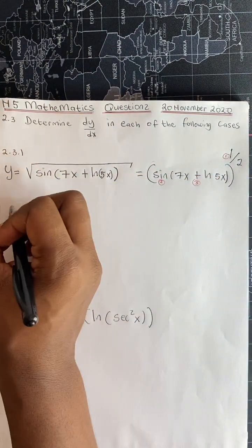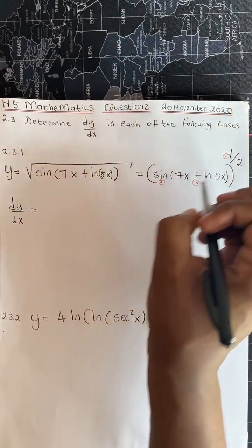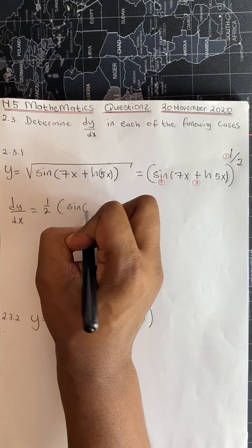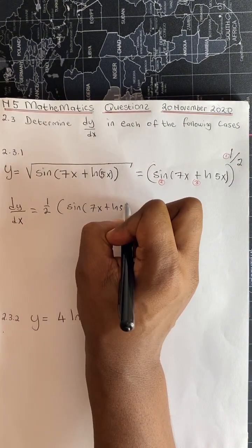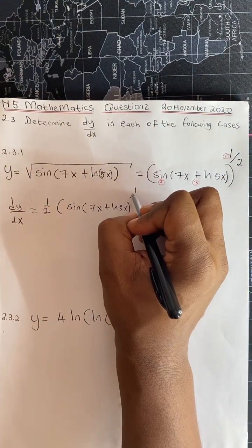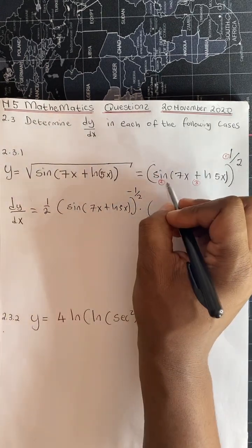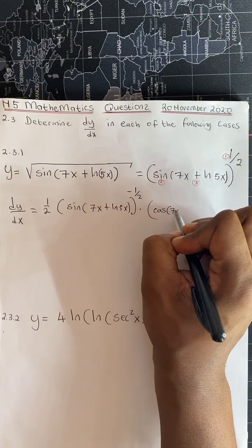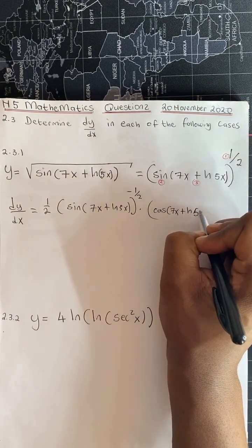So the derivative of the parentheses, dy over dx, we'll have 1 over 2 into sine of 7x plus ln of 5x, raised to 1 over 2 minus 1, which is negative 1 over 2. Secondly, we differentiate the sine. When you differentiate the sine, you get cos of 7x plus ln of 5x.